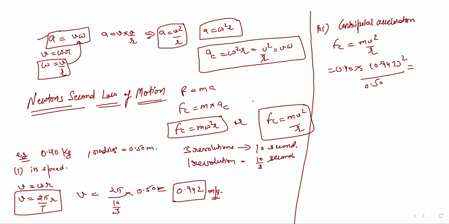Here I have calculated centripetal force, right? And when you have to calculate centripetal acceleration, we know that centripetal acceleration will be centripetal force divided by mass, right? So whatever answer you are getting here, divide it by mass, and you will get your centripetal acceleration, right? Yes, sir.